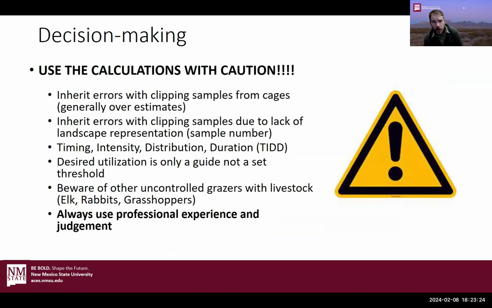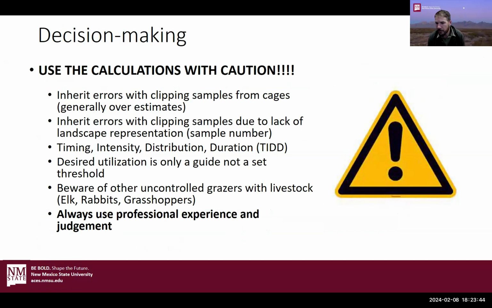All right, so decision making. This is an important part of your carrying capacity and stocking rate calculations. Just to summarize, there are some inherent errors with clipping within cages.